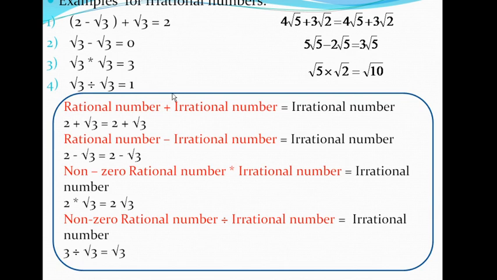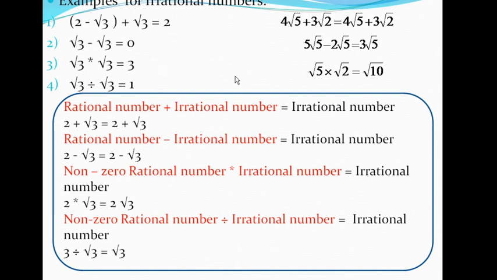Now look, when we add, subtract, multiply and divide a rational number and an irrational number, what is the result? The result is always an irrational number. So three things you have to consider. When all four mathematical operations are applied between rational and rational, the result is always rational.